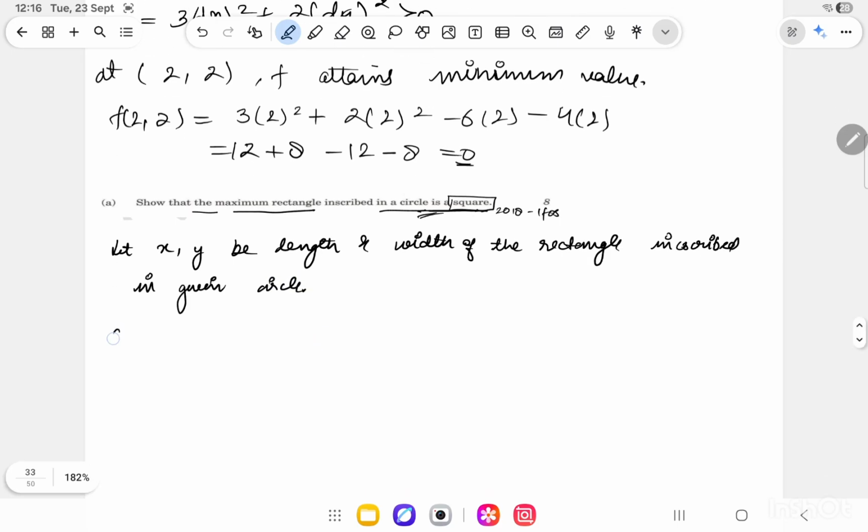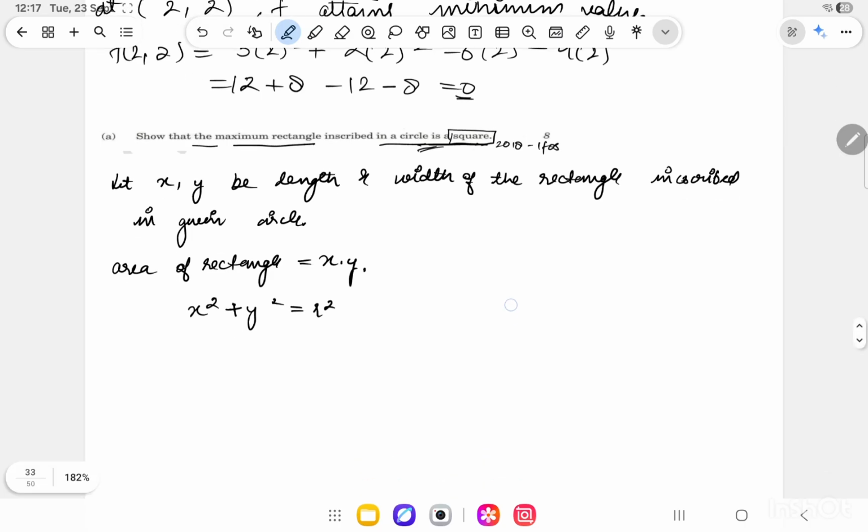So the area of the rectangle will be basically x into y, and let us assume that the given equation of the circle is x square plus y square equals r square, a circle with center (0, 0) and radius r.